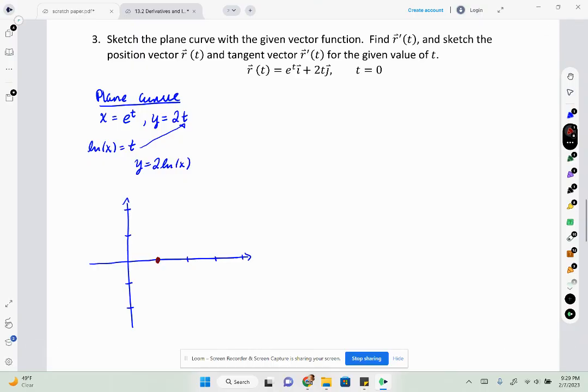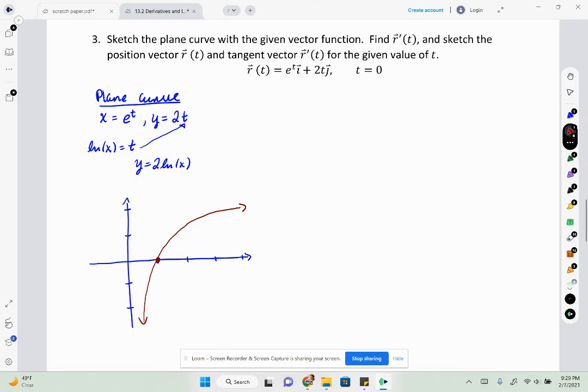And we don't get a whole lot better than that. Beyond that, the 2 is going to stretch things out vertically because the 2 is just a doubling factor. So in general, we've got basically a natural log function. They all look a bit the same. All right, so that's good enough.